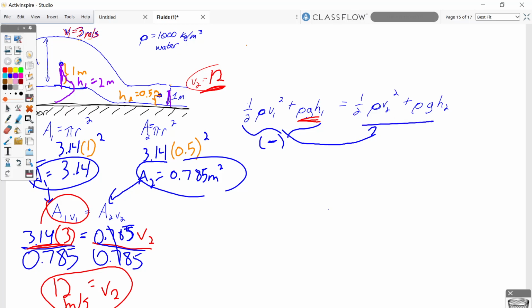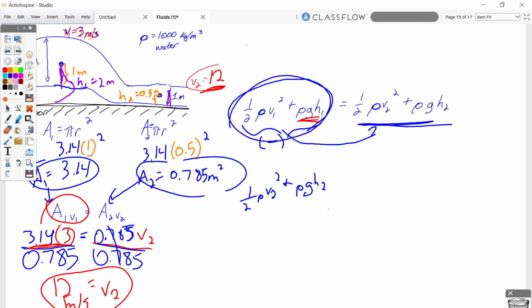So this, I am going to move it to the other side by making it negative, okay? So in other words, this part right here, I'm going to write it again. Let me write it here, 1/2 rho v2 squared plus rho g h2. And so this part right here, I'm going to make it negative, okay? So instead of plus, it's going to be minus 1/2.